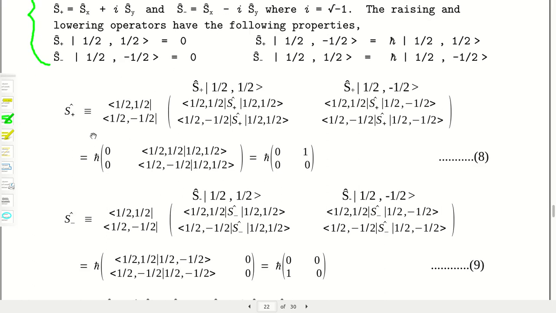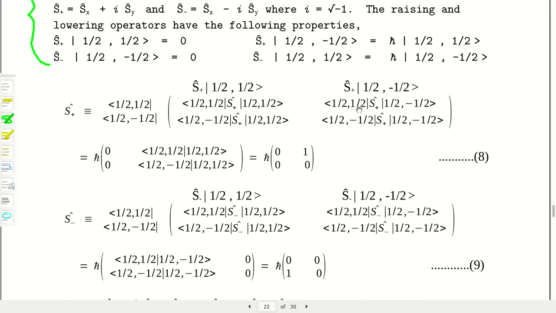How? Proceeding in a similar way, the S plus matrix form is written over here, where in the bras there are plus half and minus half, and in the kets plus half and minus half, two states, but the operator is now S plus.